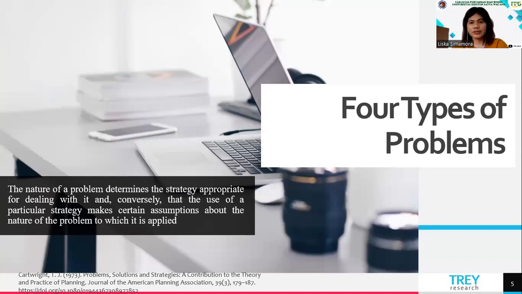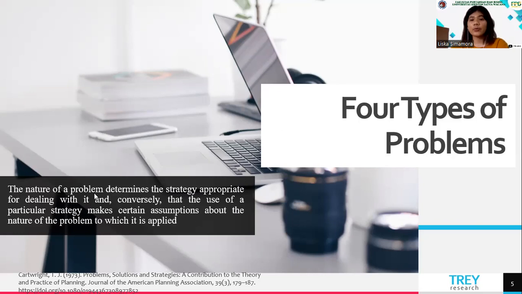Before going to those 4 types, there are some things to be noticed here: the nature of problem determines the strategy appropriate for dealing with it, and the use of a particular strategy makes certain assumptions about the nature of the problem to which it is applied. Let me highlight this line.